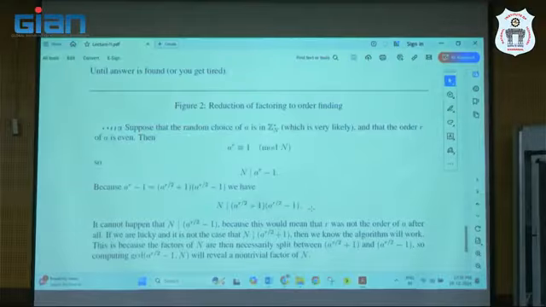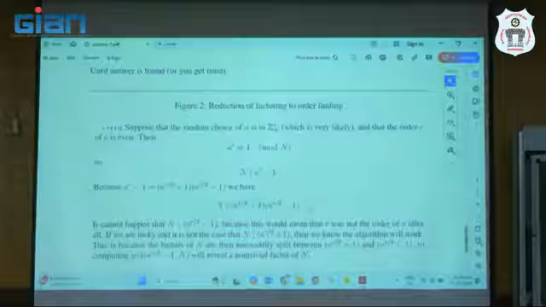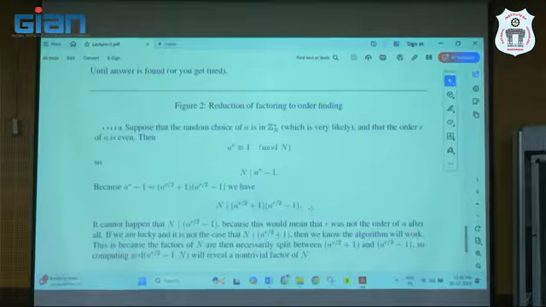So suppose we got this random choice of A which is in Z star N and its order R turns out to be even. That means A to the power R is 1 mod N. Agreed? That means A to the power R minus 1 is 0 mod N. That means N divides A to the power R minus 1.